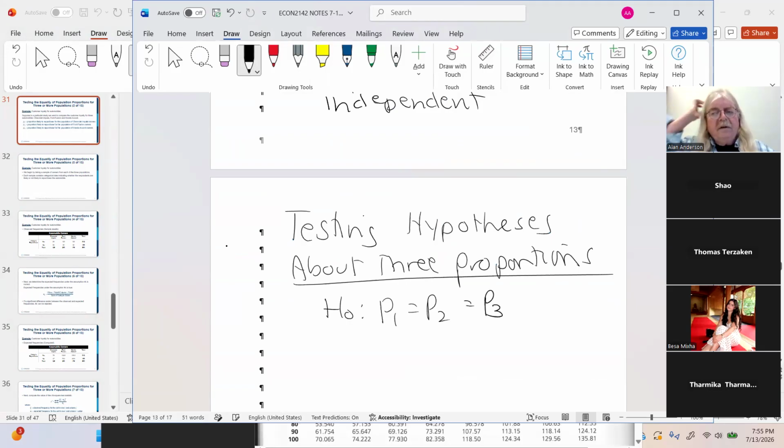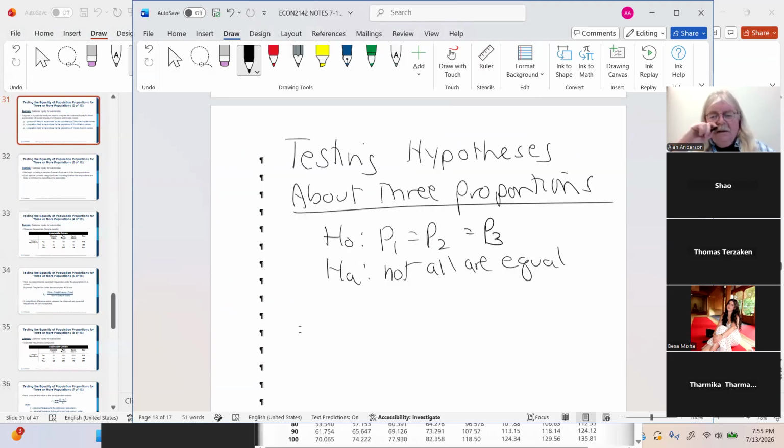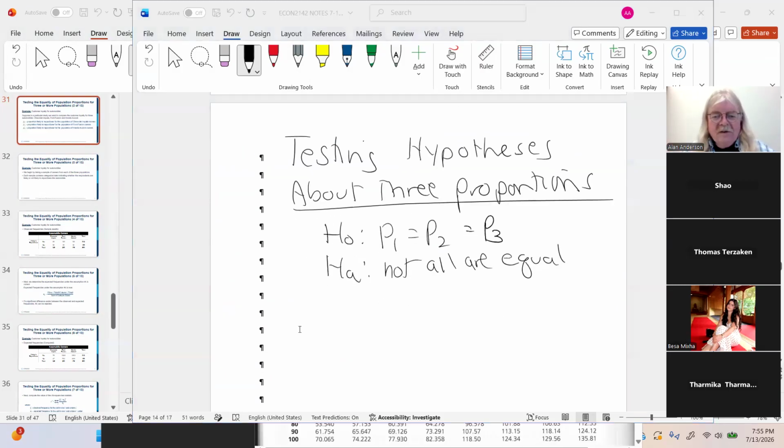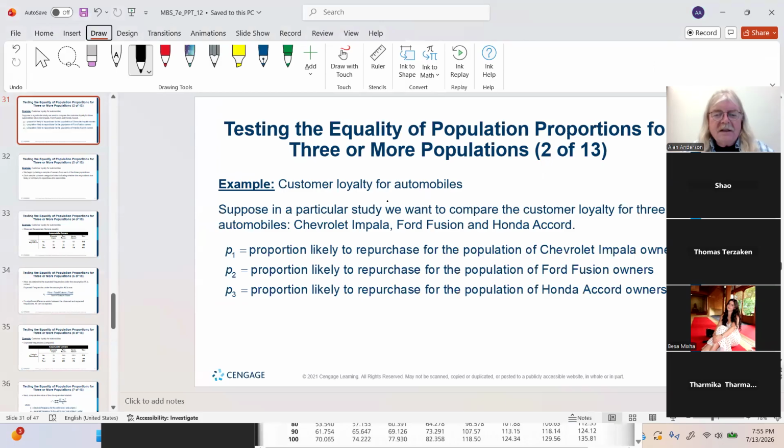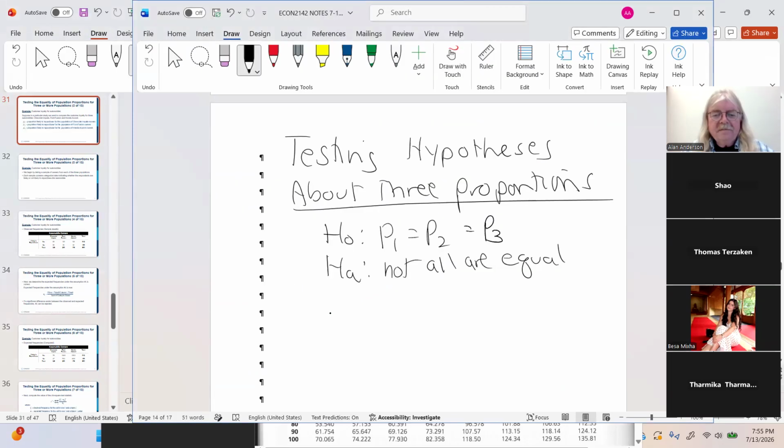So here they're all equal. Now, if they're not all equal, there's a lot of other possibilities. So we're going to lump it all together by saying not all are equal. You could have like one is equal to two, but not three. Three is equal to two. There's so many possibilities. And of course, we choose the alpha. The test statistic looks very familiar.